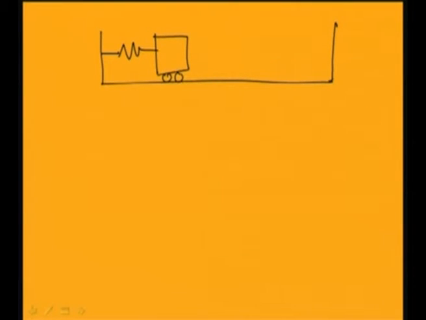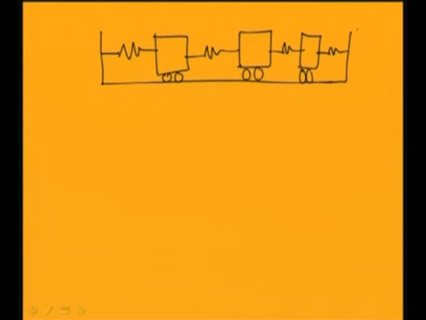So let us take one example, the system we have studied before. This is a spring mass system, a 3 degree of freedom system, attached by 4 springs K1, K2, K3, K4.